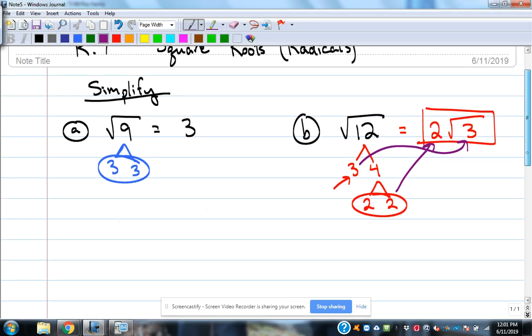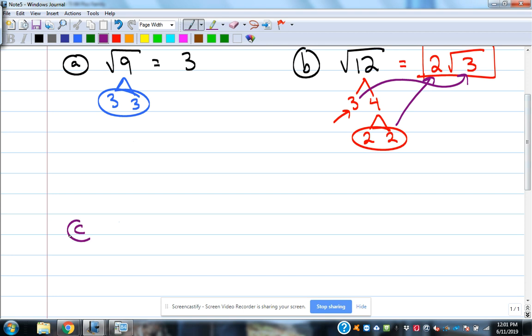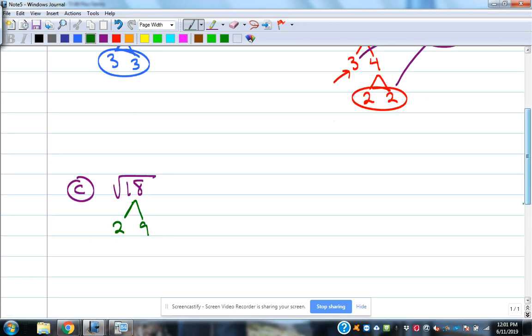Let's look at maybe square root of 18. Different number there. 18. What's one of the ways to multiply to be 18? 2 times 9. That's good. 2 is a prime number, so I know that this branch of the factor tree is done. 9 is not a prime number.